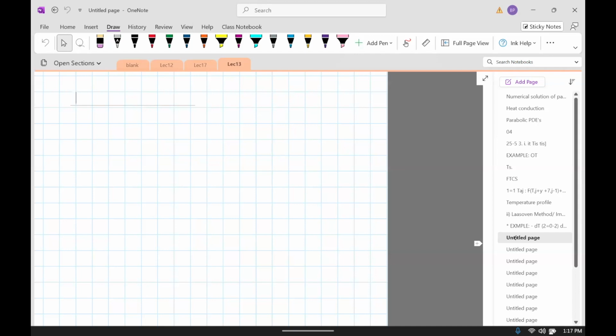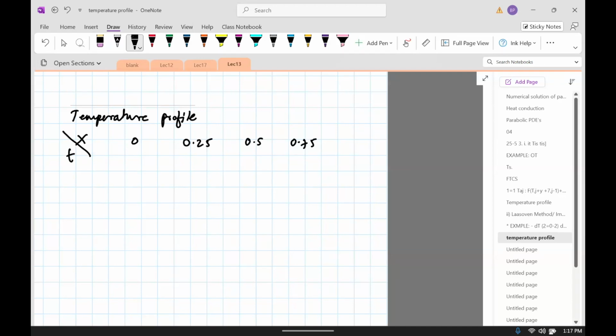So here is how we'll do it, slightly different from last time. This is my solution, right? But I start off with the solution table first, x and t. So x, I know it's 0, 0.25, 0.5, 0.75, and 1.